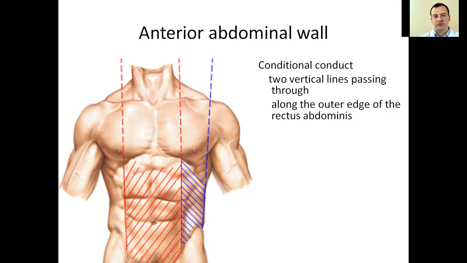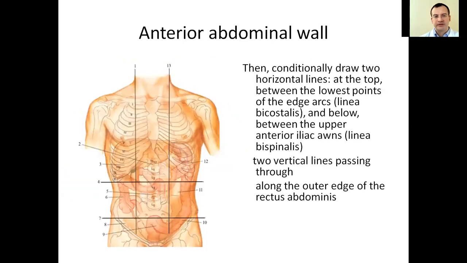Conditionally draw two vertical lines passing along the outer edge of the rectus abdominis. Then conditionally draw two horizontal lines: at the top, between the lowest points of the costal arch, linea bicostalis; and below, between the anterior superior iliac spines, linea bispinalis.